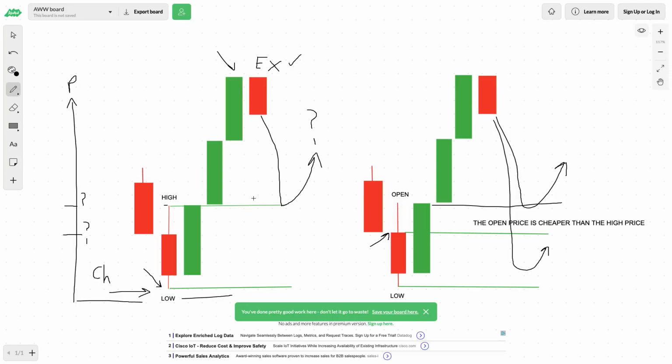If you're buying here, then you have a bigger risk when it comes to where to place your stop loss, whereas my stop loss is going to be a lot smaller in terms of pips, but in case you don't know, I use risk percentage.